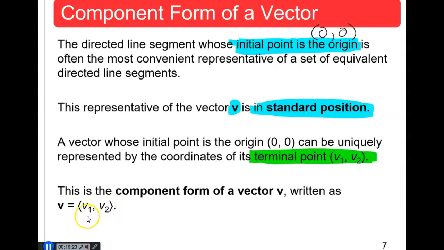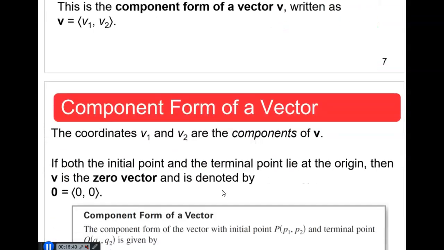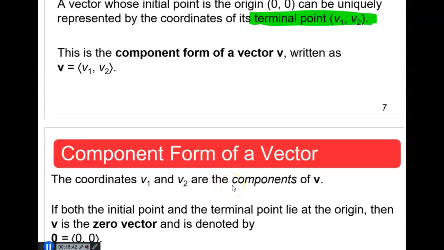Just think of it as your x and y value for now. And there is a different, new notation, you might have seen it before. We have these little brackets, vector notation. That's what we're going to be using for this class. So remember, we refer to this as the component form, and we only need the terminal point.